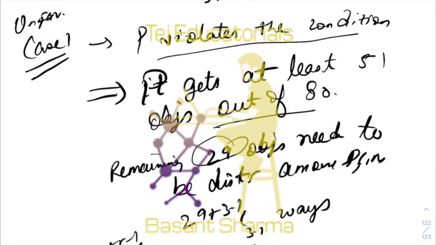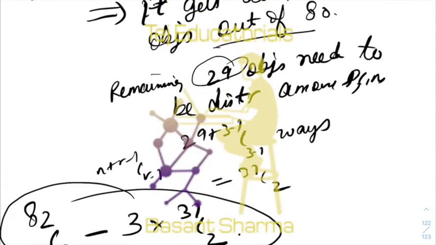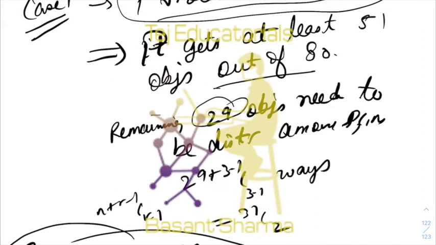What I'm saying is, when P violated the condition, then at that time none of chemistry and maths will violate it. So when I subtracted these many ways, there is no overlapping.